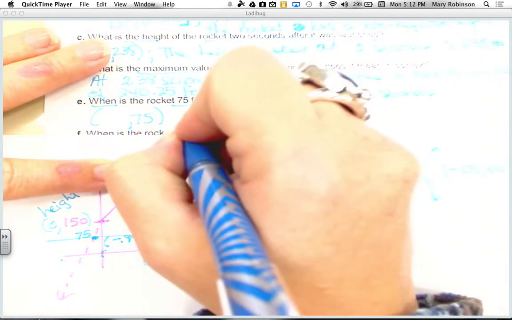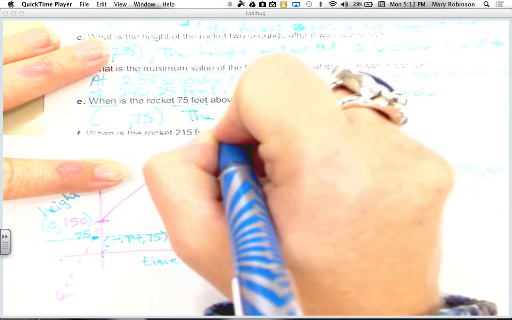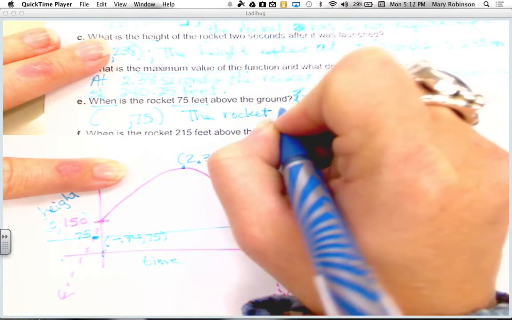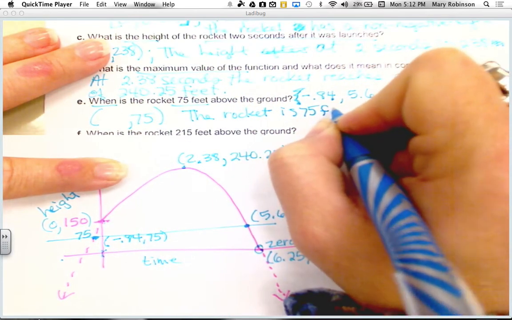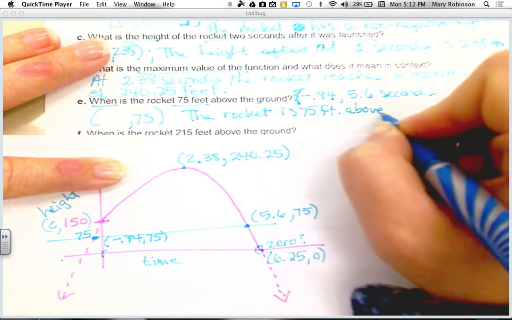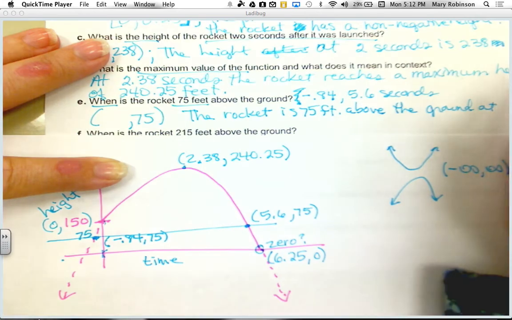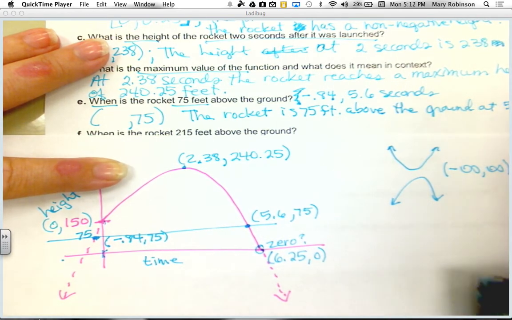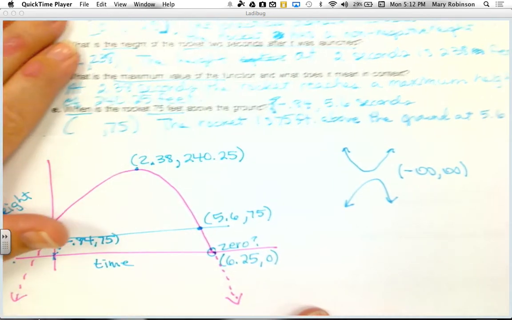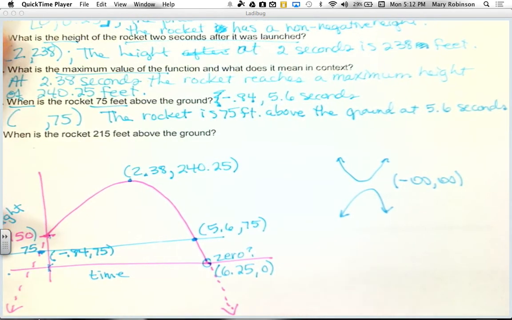So we would say the rocket is 75 feet above the ground at 5.6 seconds, because the 5.6 seconds is within your practical domain. Oops, sorry. Move it over. Rocket 75 feet above the ground at 5.6 seconds.